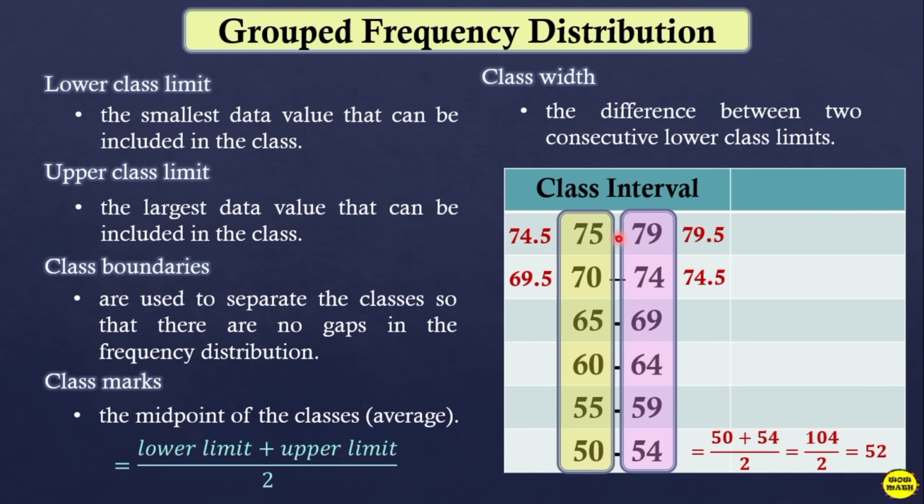And then, for us to find the class mark, sabi nga po natin, this is the midpoint or the average. So, add natin, like for example, dito, so 50 plus 54, that is 104 divided by 2, that is 52. So, therefore, dito, sa class na to, ang class mark niya is 52. Okay, so makukuha nyo na po yan lahat. Kapag nakuha nyo na po itong 52, makukuha nyo na po lahat gamit ang ating class width.